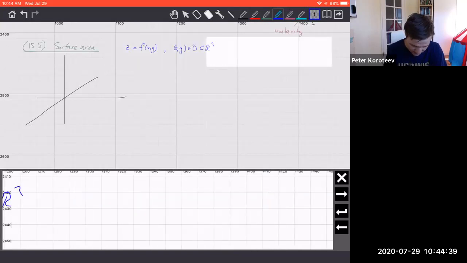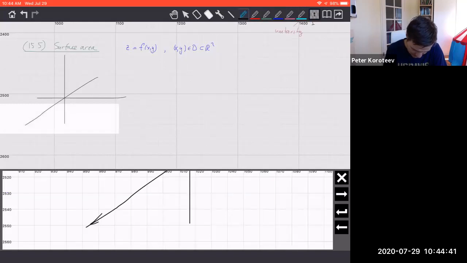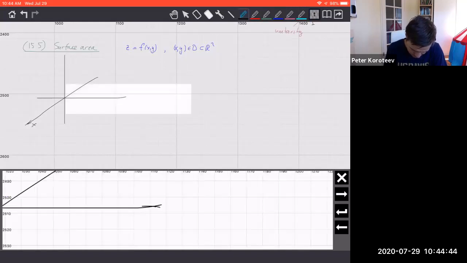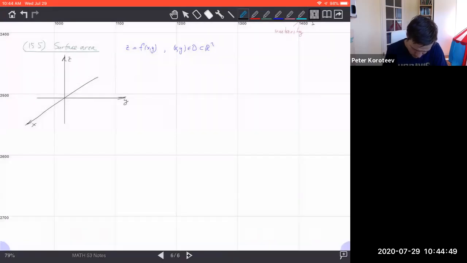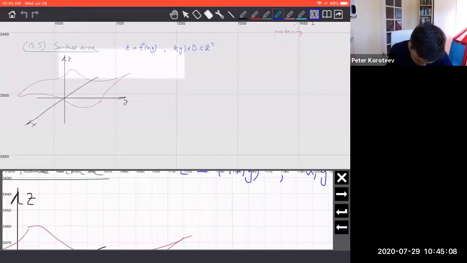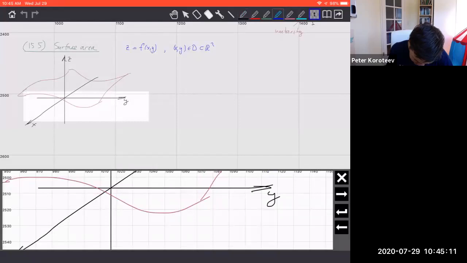So you can have, again, here's the coordinate space. And the surface behaves like this. So say, for simplicity, assume that D is a rectangle.